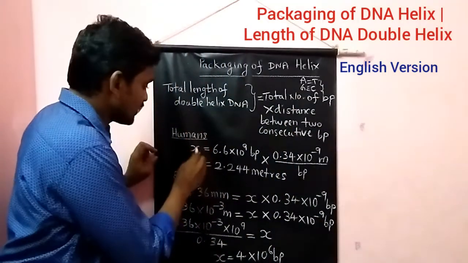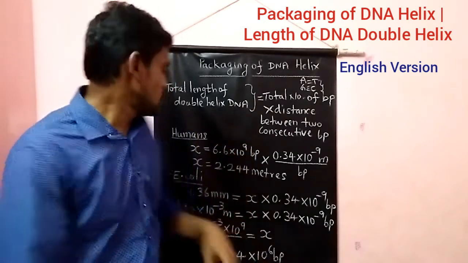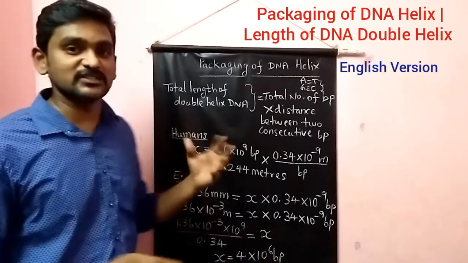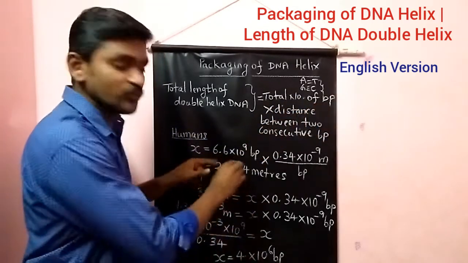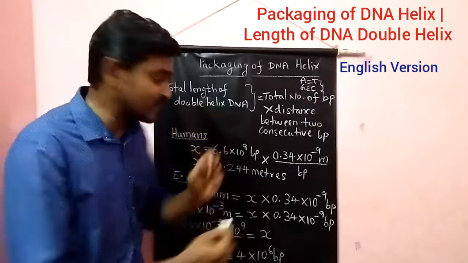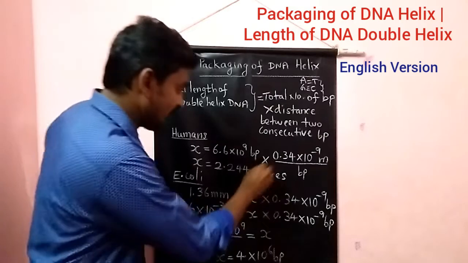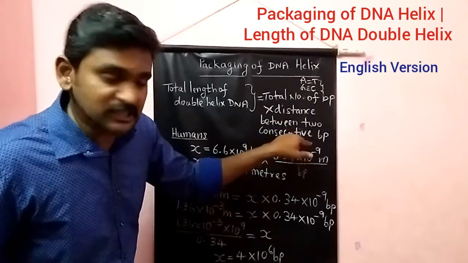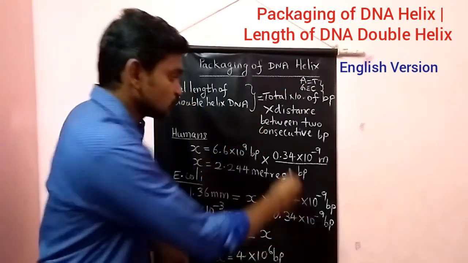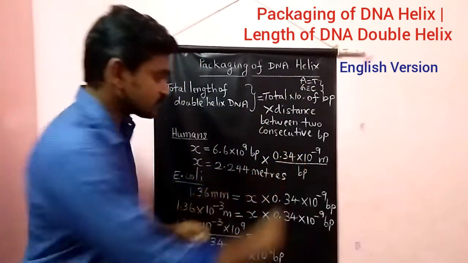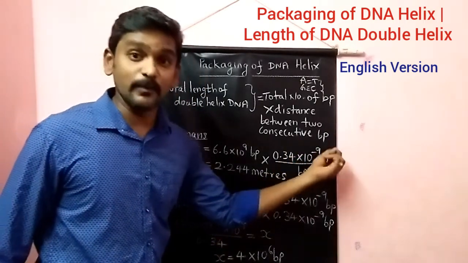In the case of humans, we don't know the length of the DNA present in our cell, so we take it as X, meaning unknown. X equals the total number of base pairs, which in a single cell is 6.6 into 10 to the power of 9, into the distance between two consecutive base pairs, 0.34 nanometer. Instead of nanometer you can write 10 to the power of minus 9 meter.